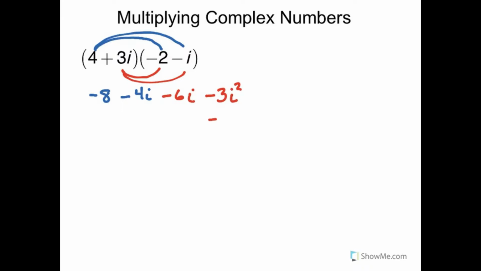Since i squared is negative 1, this last term should be simplified to be negative 3 times negative 1, or positive 3.